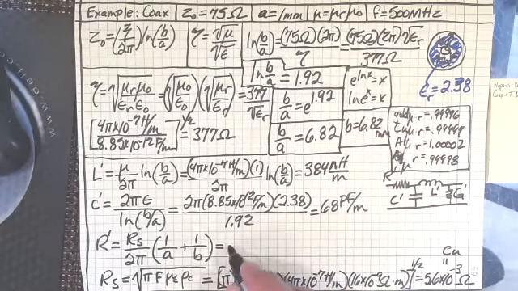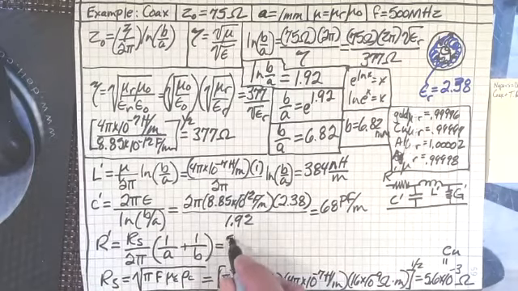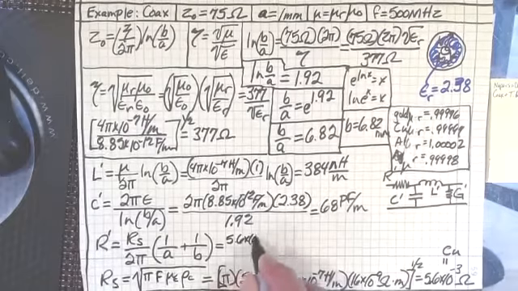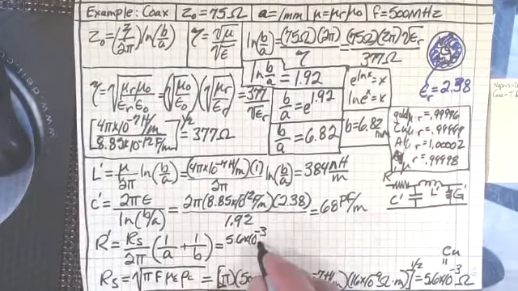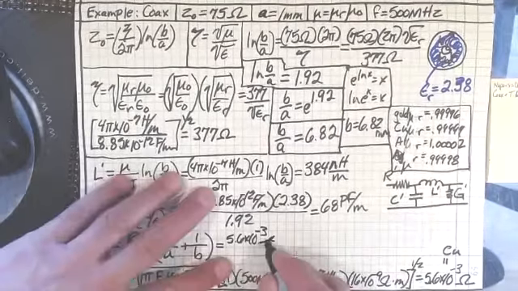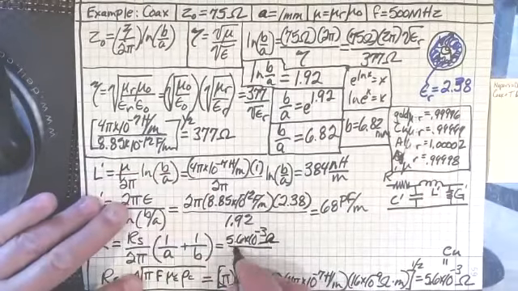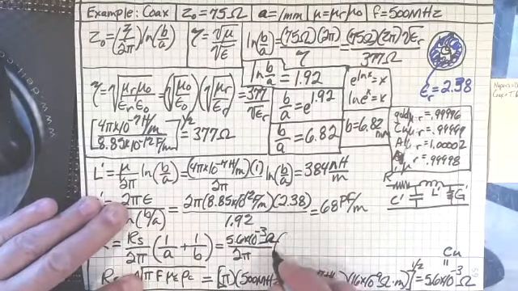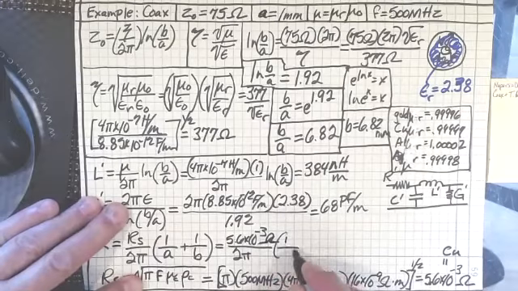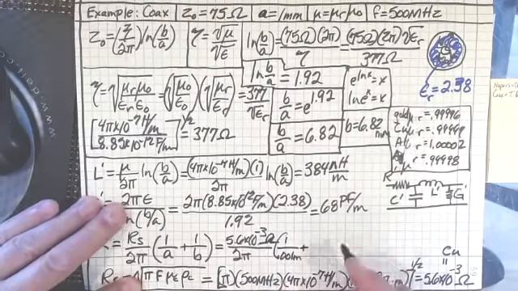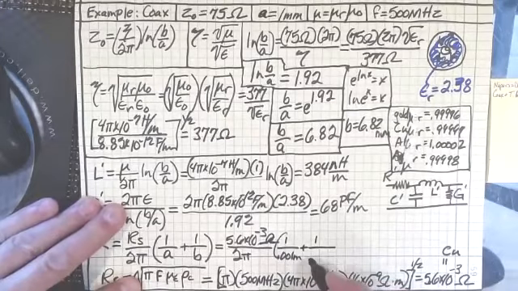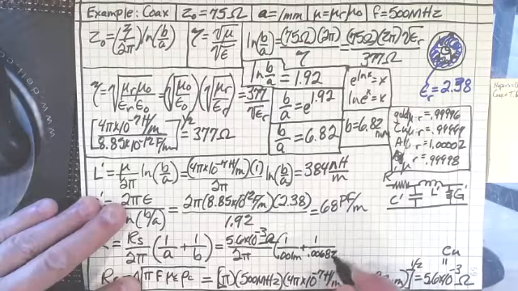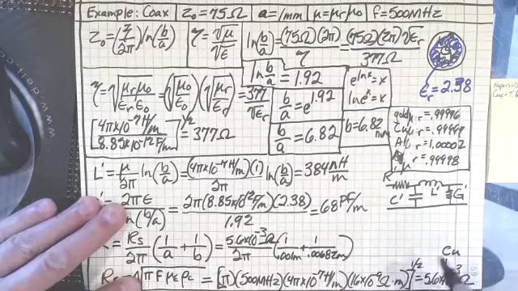So if I have 5.6 times 10 to the minus 3 ohms, divided by 2 pi times 1 divided by 0.001 meter. Remember, we've got to work in meters here. 1 divided by 0.00682 meters.